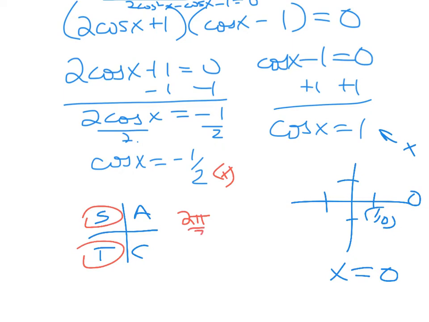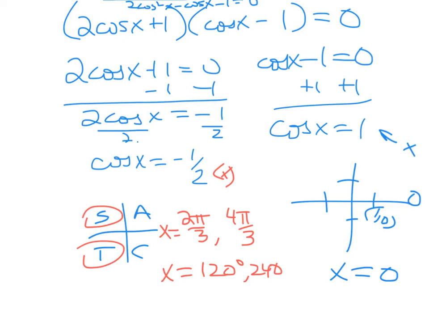So 2 pi over 3 and 4 pi over 3. If it were in degrees, this would have been 2 pi over 3 is 120 and 4 pi over 3 is 240. Or the 60 plus 180, and then 180 minus 60.